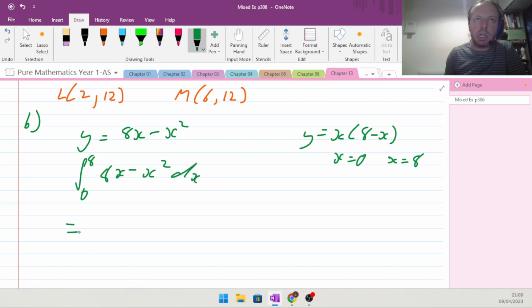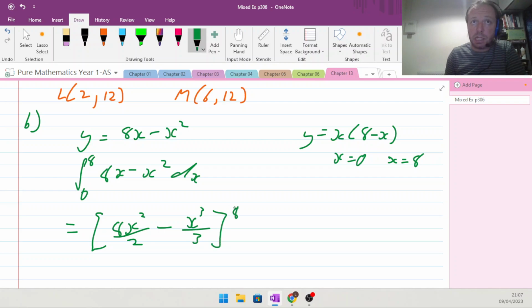So we get, raise the power by 1 and divide by the new power. 8x squared over 2 minus, raise the power by 1, x cubed divided by 3.